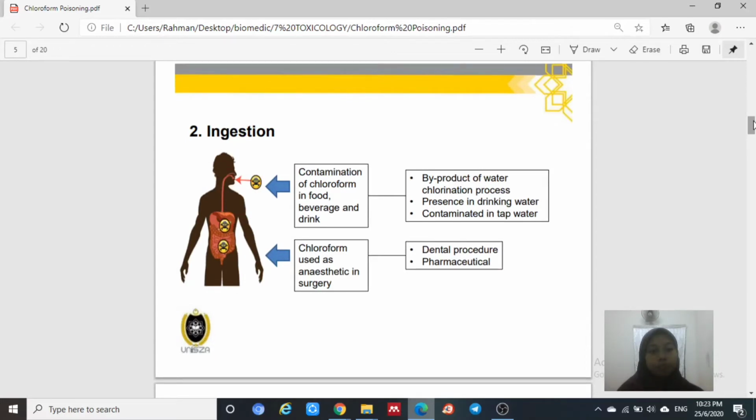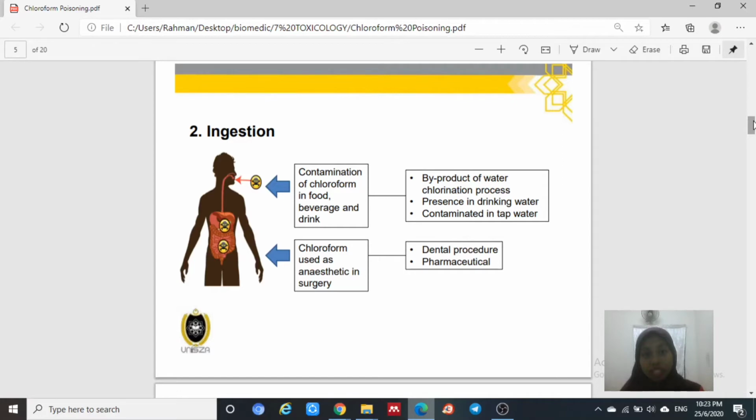And then we move to the next route of exposure, which is the ingestion. Okay, ingestion may occur accidentally when someone takes food, drinks, or beverages that are contaminated with this chloroform. As normal people, we will not simply take this chemical because we already know that it is really dangerous.